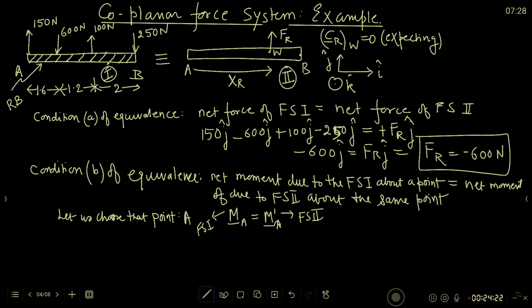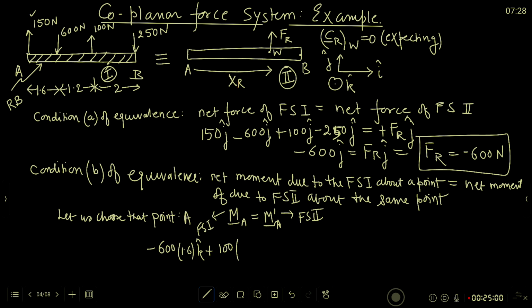Okay, what is MA? The 150 Newton force passing through A will not contribute to any MA. This other force will. 600 times 1.6 will give us a moment along minus k hat.